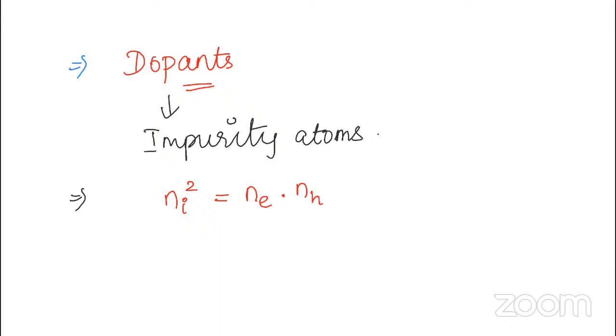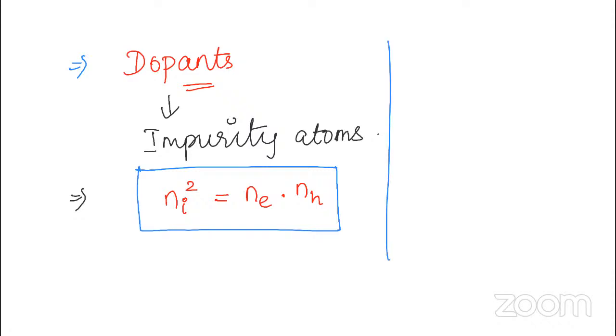So here for the extrinsic we are using the formula for the carrier concentration. It is Ni square is equal to Ne into NH. Okay, so here small ne represents what?